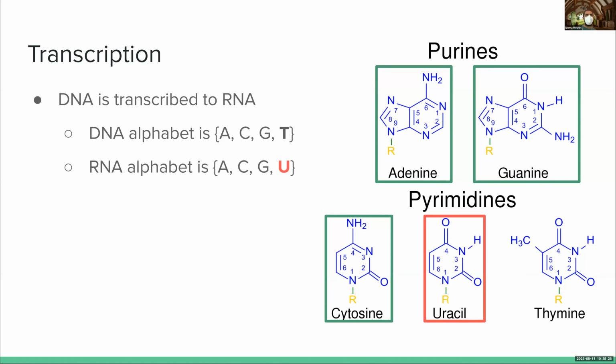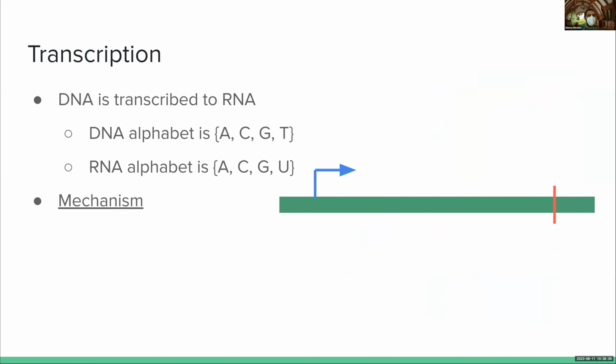RNA, you could think of as a string over the alphabet A, C, G, U. So there's no T; T gets replaced with U in RNA. And the biological mechanism that this happens with is, you can imagine this green line is a piece of DNA. This little arrow is called the transcription start site. The area before it is called the promoter, and this red line is the transcription end site.